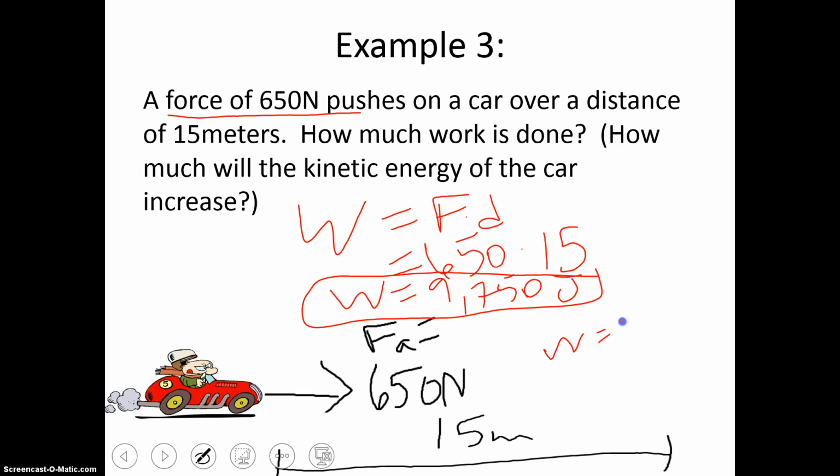Well, if work is change in energy, in this case work is change in kinetic energy, then the kinetic energy of the car would increase by 9,750 joules. So the work represents how much work is done and how much the kinetic energy of the car will increase.